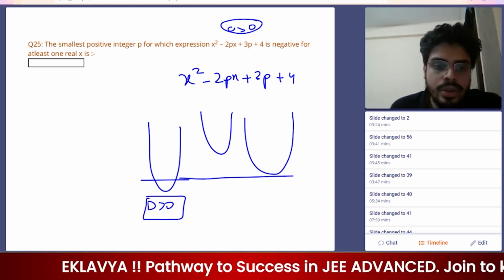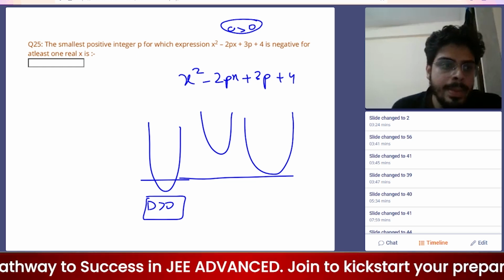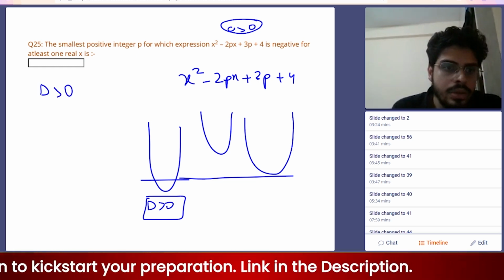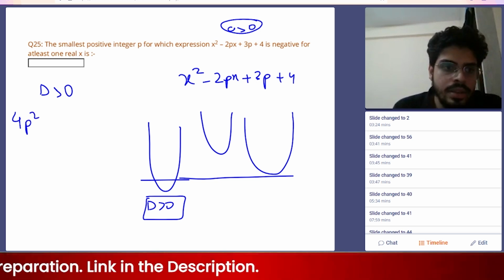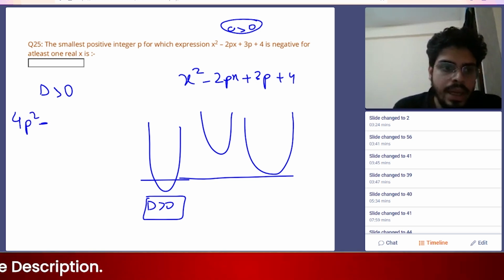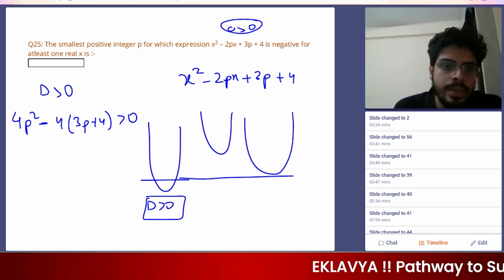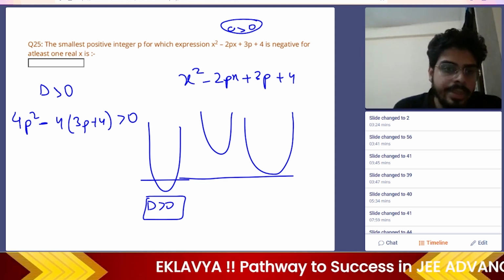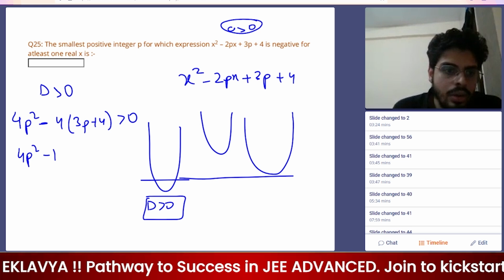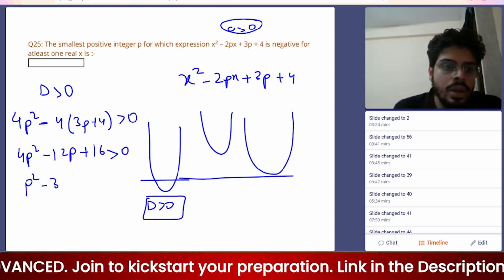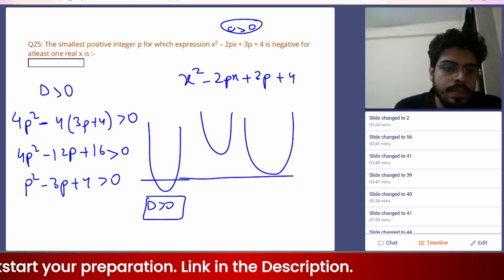That means D should be greater than 0. So D will be b² minus 4ac, so 4p² minus 4ac. This should be greater than 0. So I'm getting another quadratic inequality: 4p² minus 12p plus 16 is greater than 0, or p² minus 3p plus 4 greater than 0.